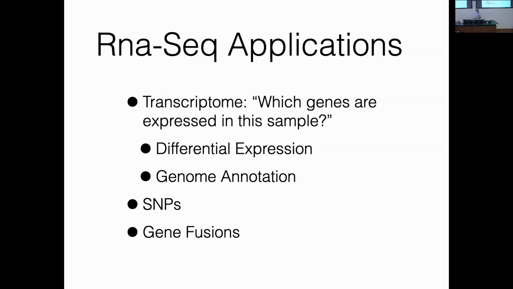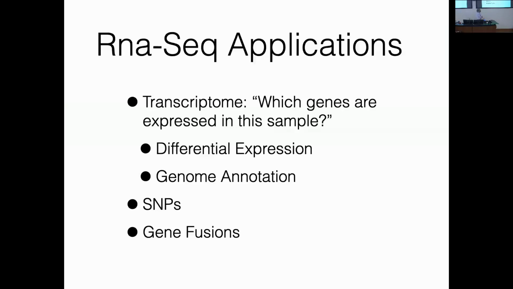What you get from RNA-seq is you're sequencing the transcriptome or some part of it. And so there are different questions that you can ask with that data. Basically you're getting information on which genes are being expressed in the given sample or samples that you're looking at.